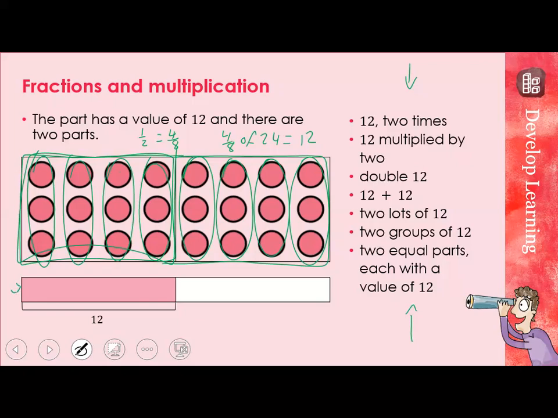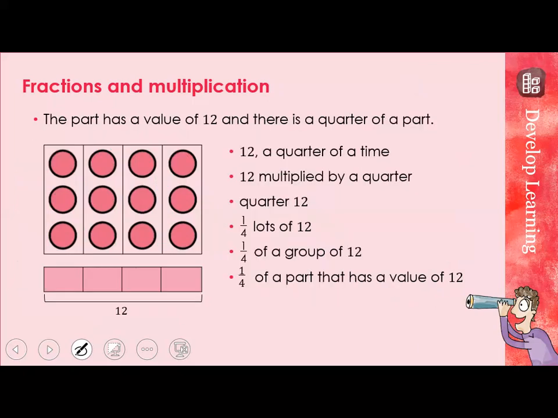And you can also see the similarity with the bar model at the bottom. If I say the whole bar is worth 24, then of course half of the bar is worth 12. Each of the parts then of the bar has a value. That value is 1/4 of the whole set.